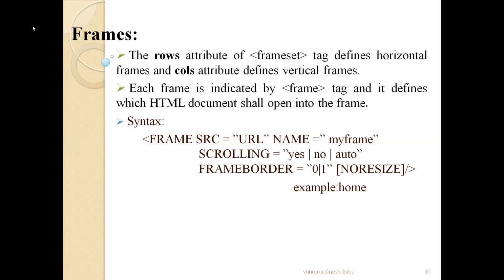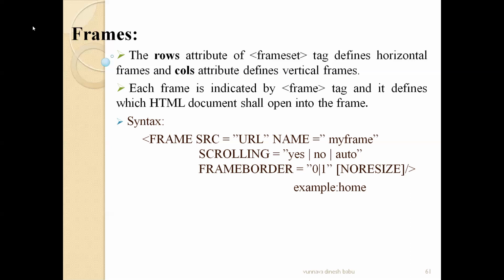Not simply by using the frame tag can we display a document at a particular frame. So for the frame tag, we have to use an attribute called the source attribute, SRC. And for the source attribute, we have to provide the complete path of an HTML document, so that that particular HTML document will be inserted at the respective frame, right?